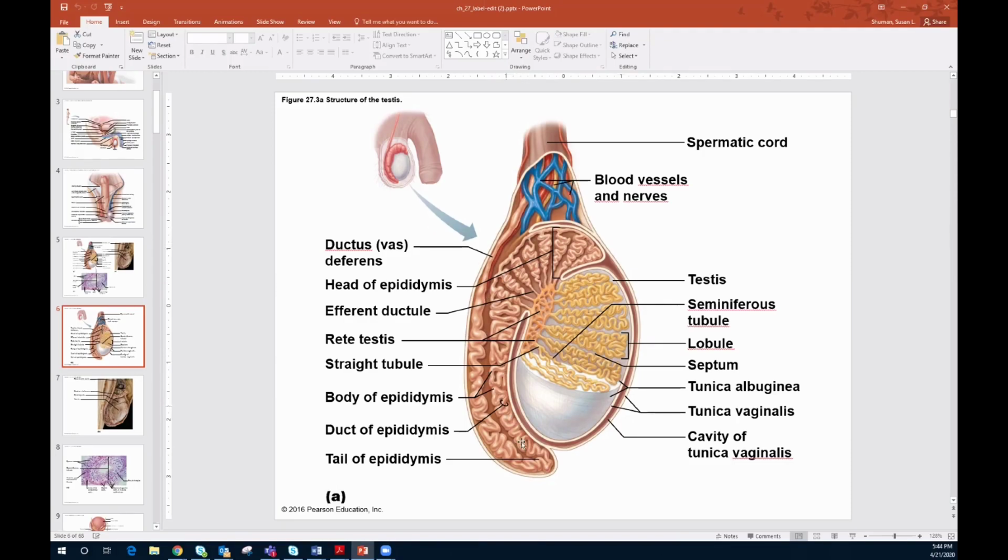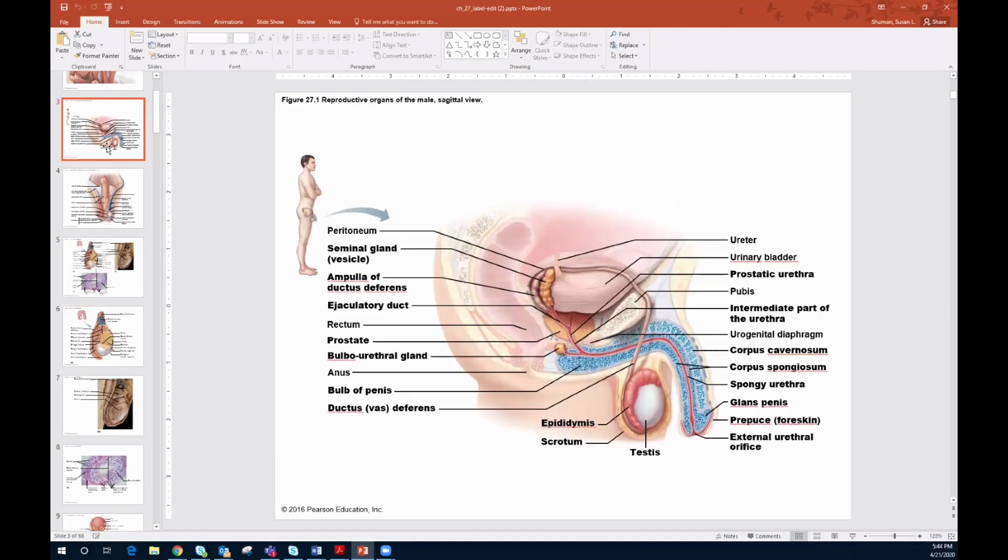Along comes orgasm. This is the sympathetic nervous system saying, okay, we're leaving the epididymis. Where do we go next? The ductus deferens, the vas deferens. And then from the vas deferens, we go through the seminal vesicle, but that's not a change in its name. We're just going by this.